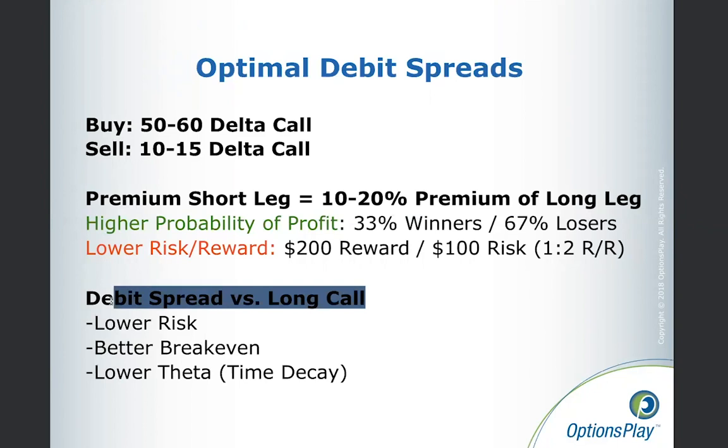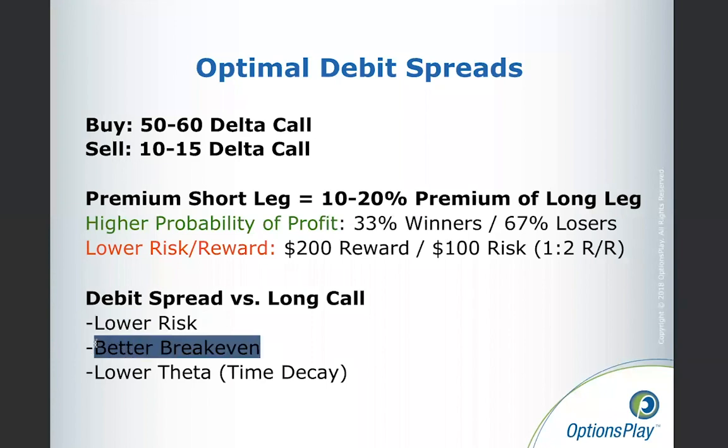I want to reiterate why we want to trade debit spreads as opposed to just buying a call or a put. Number one, you lower your risk compared to just buying a call or a put. Because you've lowered your risk, you have a better break-even price, so the stock doesn't have to move as far in order for you to be profitable.